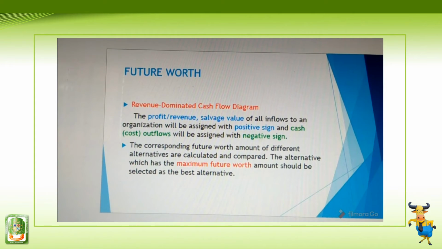First, for the revenue dominated cash flow diagram, the profit or revenue, the salvage value, and all inflows to an organization will be assigned with a positive sign, and the cost outflows will be assigned with a negative sign.